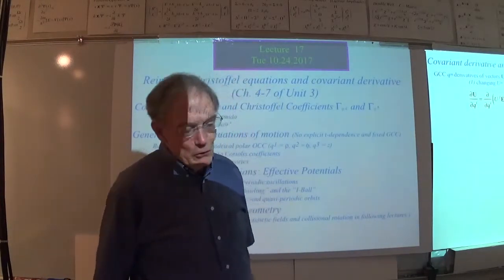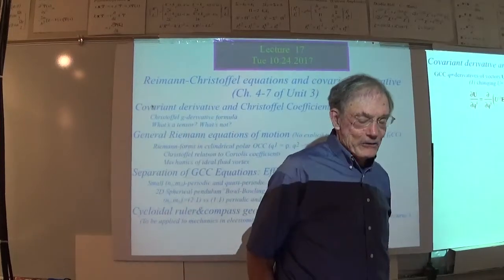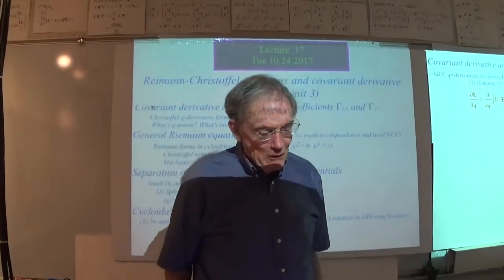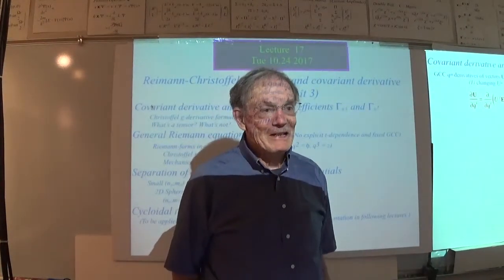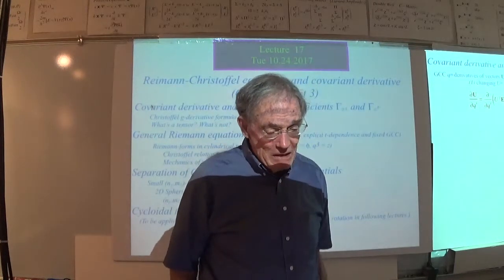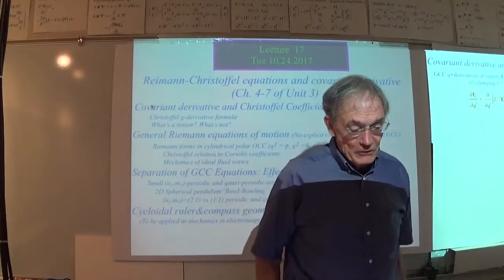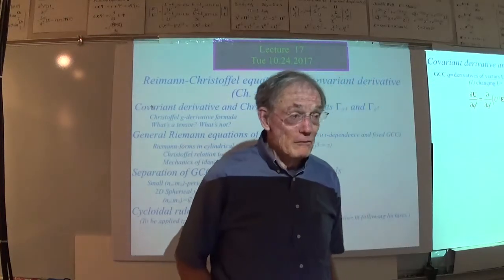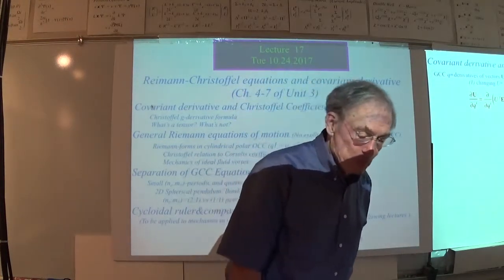Okay, the German approach to mechanics begins after our wonderful break, which is the Riemann and Christoffel and all of that geometry that's so much a part of our way of doing relativity.